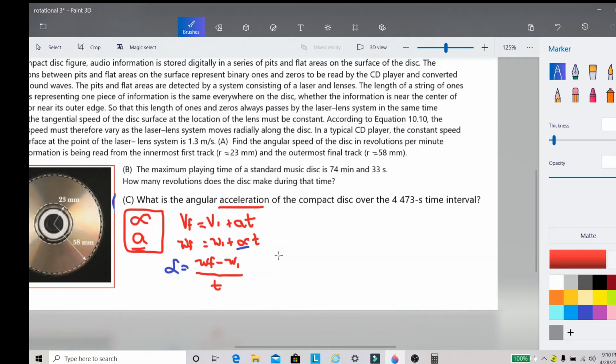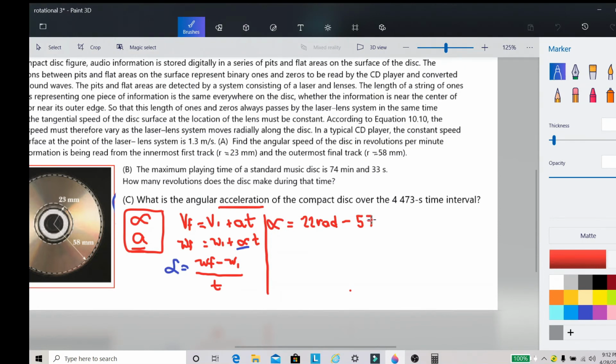Okay, yes. I think let me check first what are the values that we got for omega sub f and omega sub i. So upon checking the values of this one, we have alpha, or the acceleration, is equal to 22 radian per second, minus 57 or 58, something like that. 57 radian.